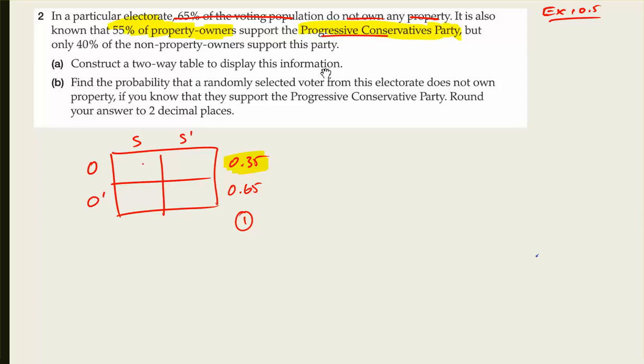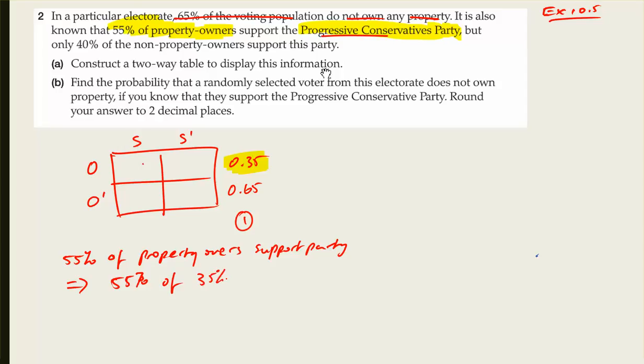So what does that mean? When I calculate the probability of this square, we know that 55% of property owners support the party, which means that 55% of 35% of the whole population support the party.